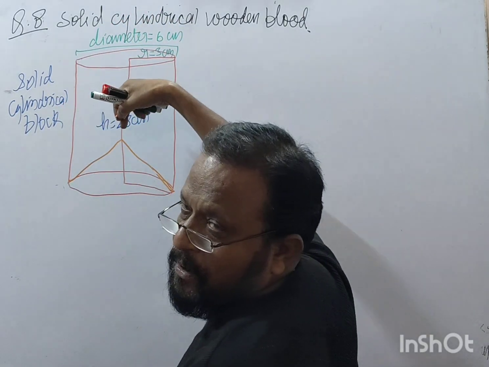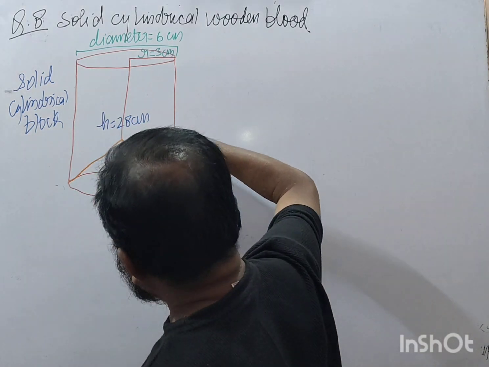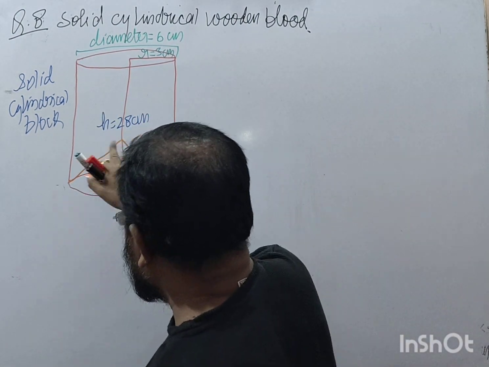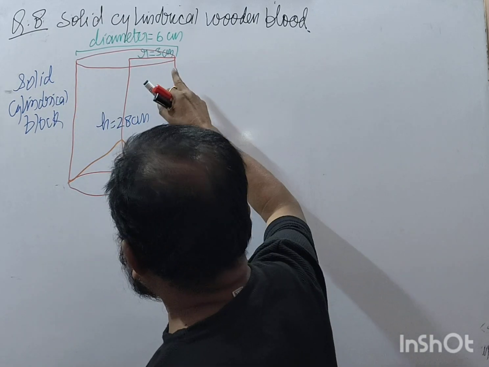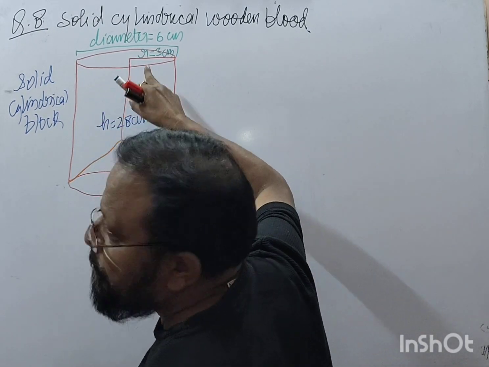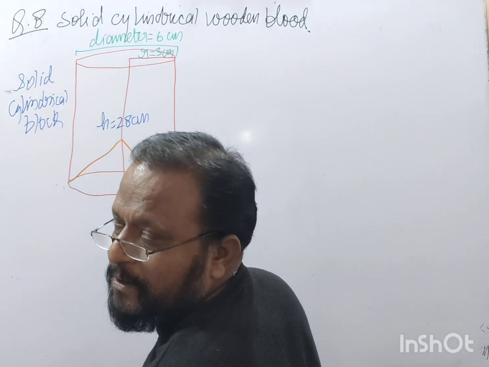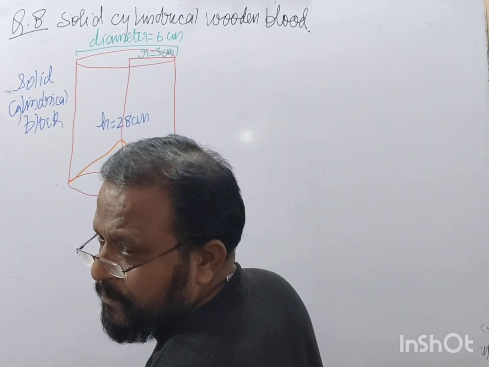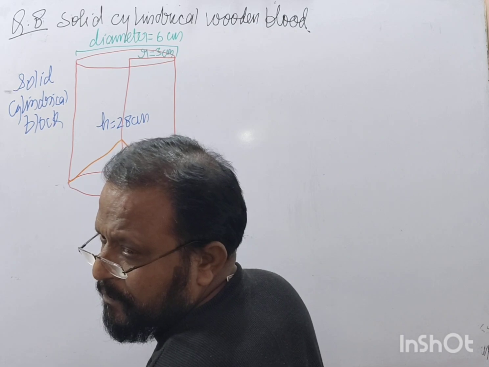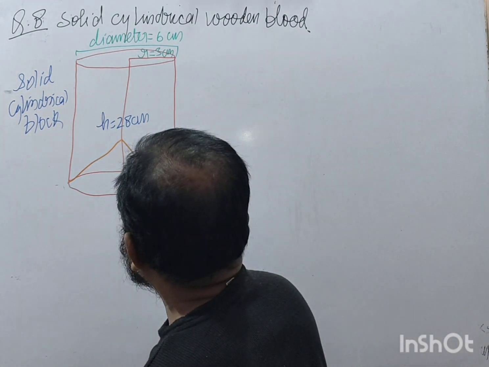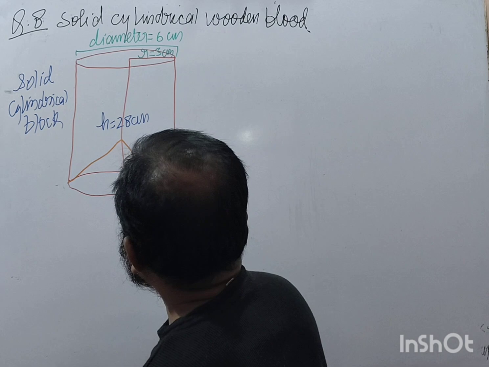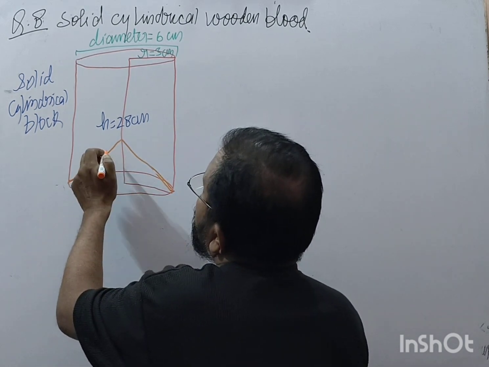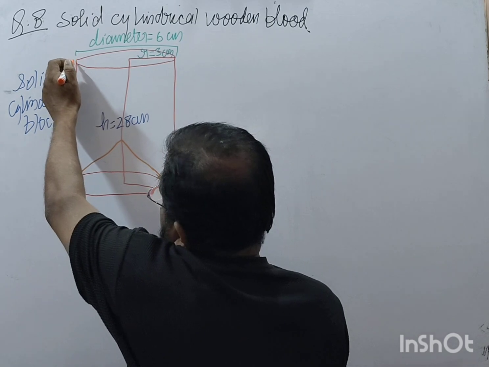We have a wooden block of height 28 and radius 3. Now we remove two conical blocks, each with height 10.5 and the same radius. Go ahead then.